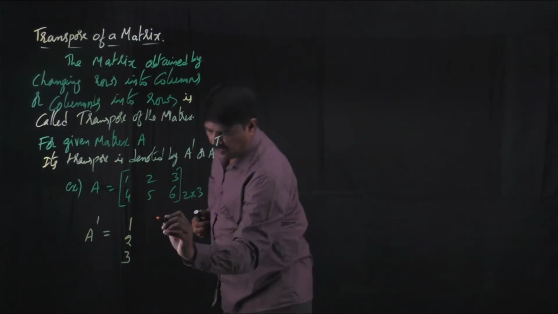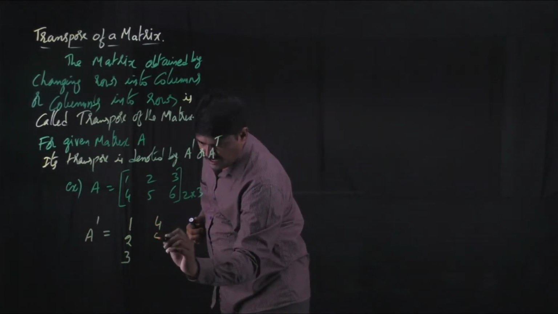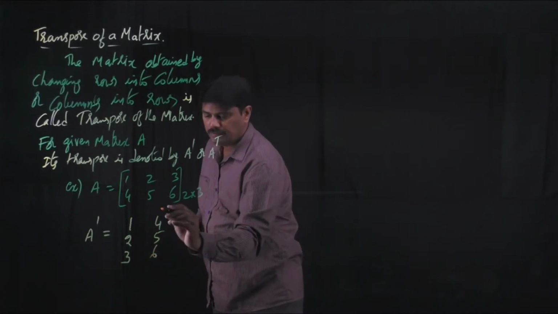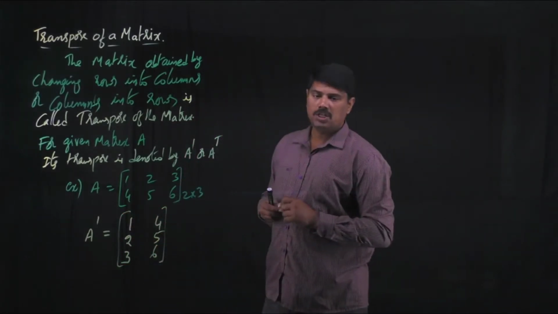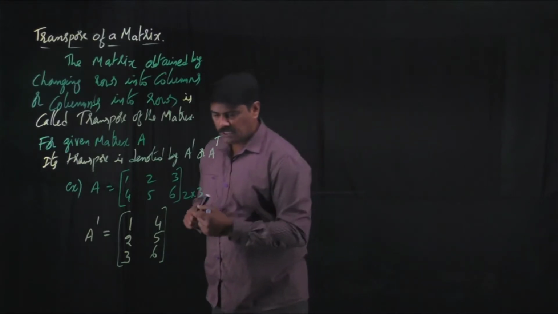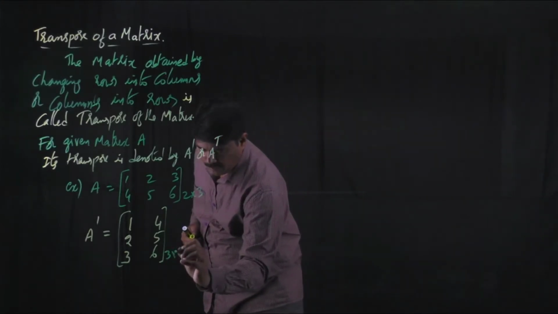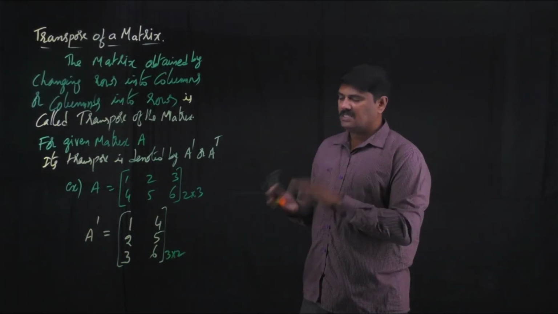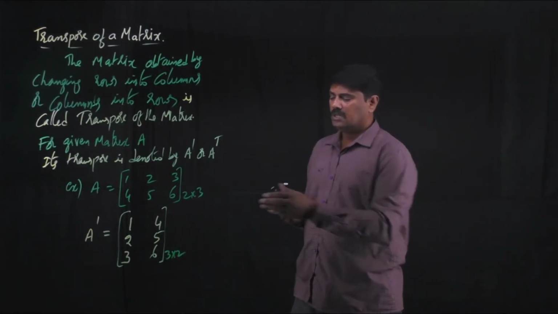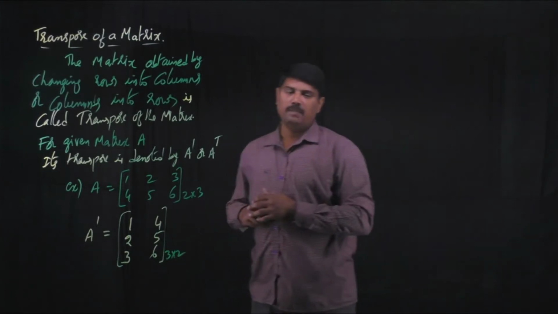The second row 4, 5, 6 is written as the second column. The matrix obtained is the transpose. You can observe clearly this is of order 3 by 2. So a 2 by 3 matrix, when transposed, becomes 3 by 2.